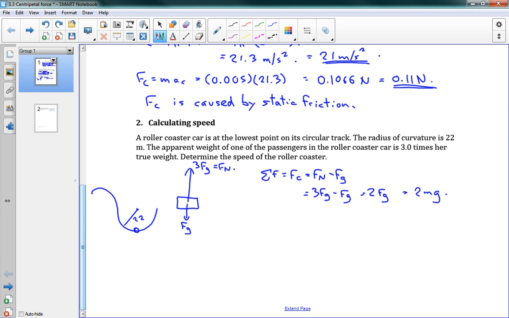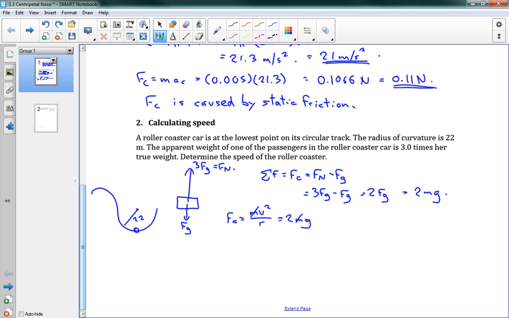So now I want to find out how fast this roller coaster is going. Remember, I've got my equation here. Fc is equal to mv squared over r. We also said what Fc is equal to over here, so I can set that equal to 2 mg. And notice then mass cancels out. We weren't given mass. When you're not given mass, you can usually assume that if you do the math right, the mass will disappear.